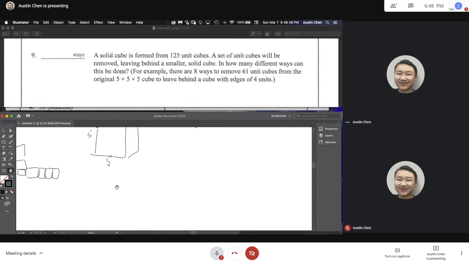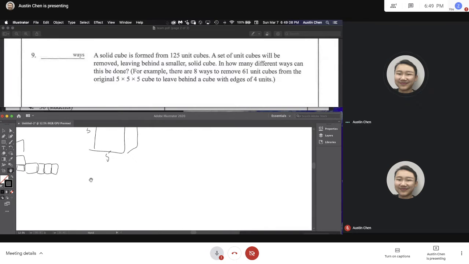You think of where the vertex cube of your smaller cube can be placed in your larger cube. This is kind of hard to explain because you have to visualize it in your head.